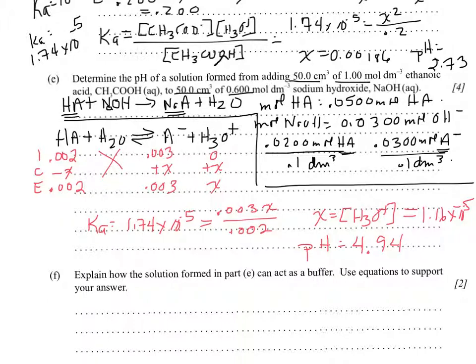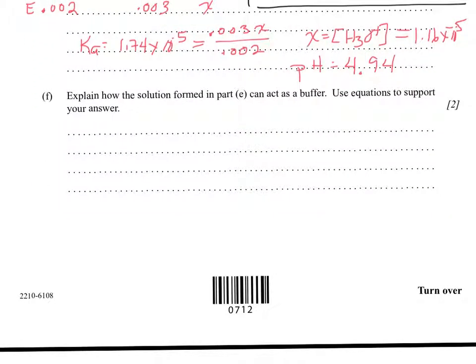Okay. And then this last question is, explain how the solution formed in part E can act as a buffer. Use equations to support your answer. So if acid is added, the anion is going to react with the acid to form ethanoic acid.